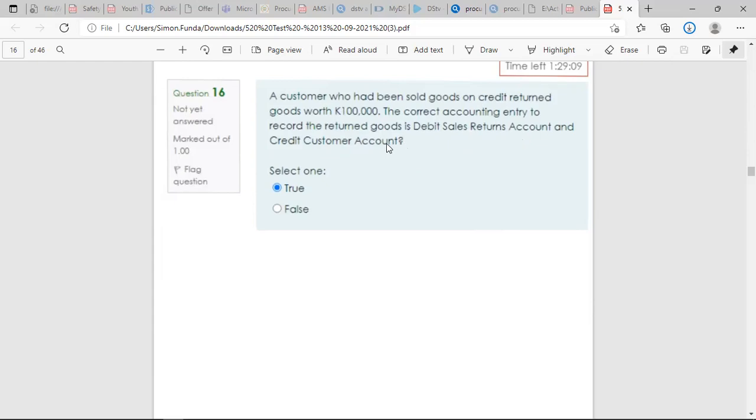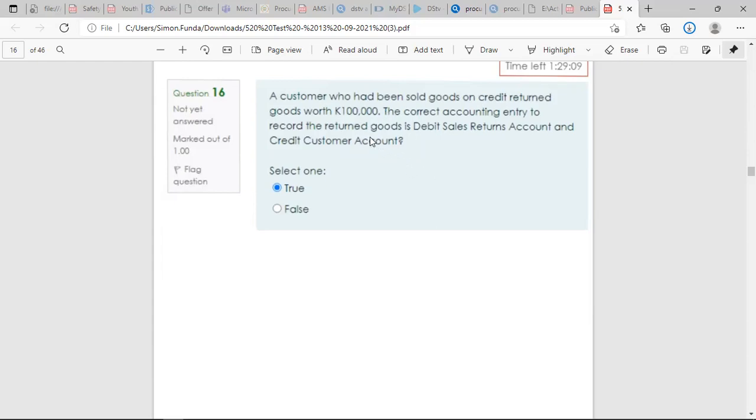So if the customer brings back or returns the goods that we sold to him, our customer balance, for example, is 200,000, and then he has returned 100,000. We are supposed to adjust that balance because he has returned the goods. So what he is owing us is no longer 200,000.